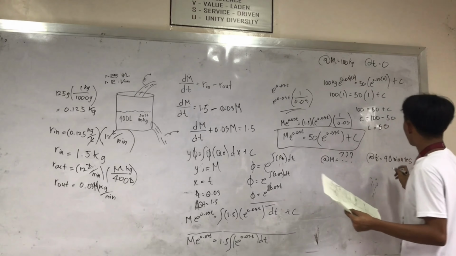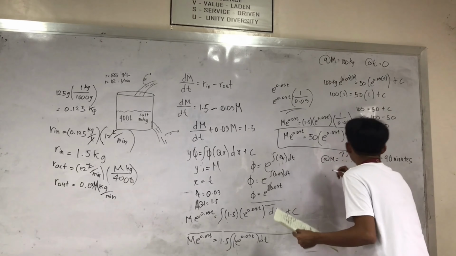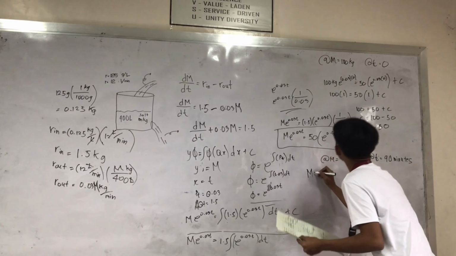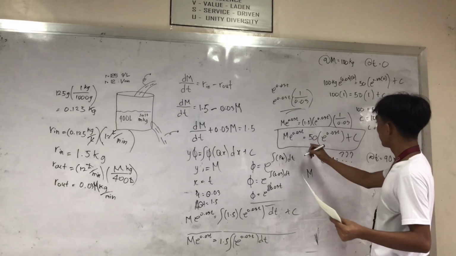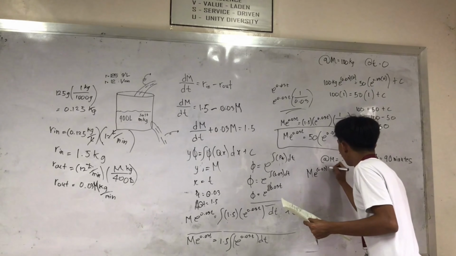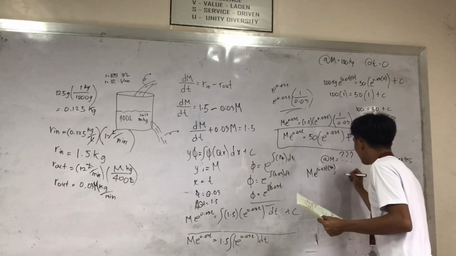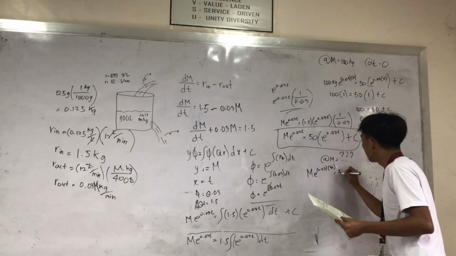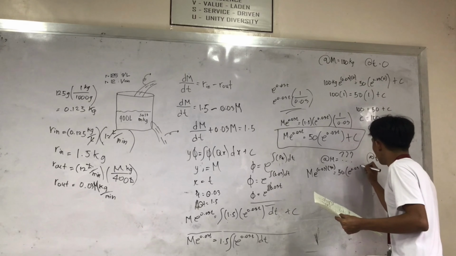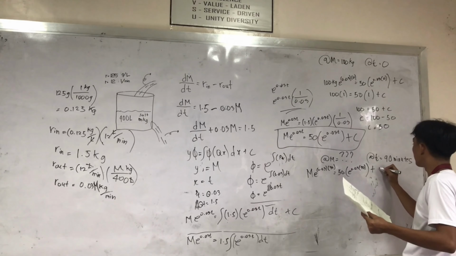Substitute the constant and the time to get the amount of salt. The amount of salt is 50 times e raised to 0.03 times the time, 90 minutes, is equals to 50 times e raised to 0.03 times 90 minutes plus the constant, which is 50.